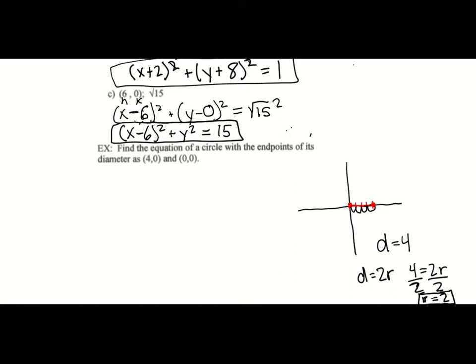The second piece we need is the center point. Now remember, our diameter always passes through the center. So if our diameter always passes through our center, that means that our center point is going to be right in the middle of this line right here.